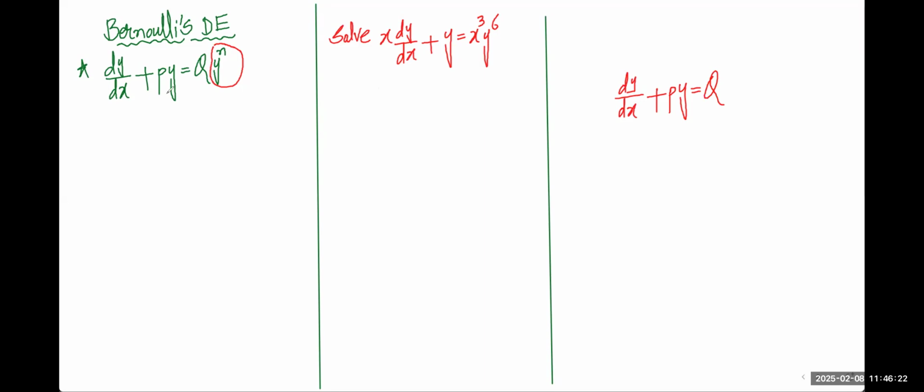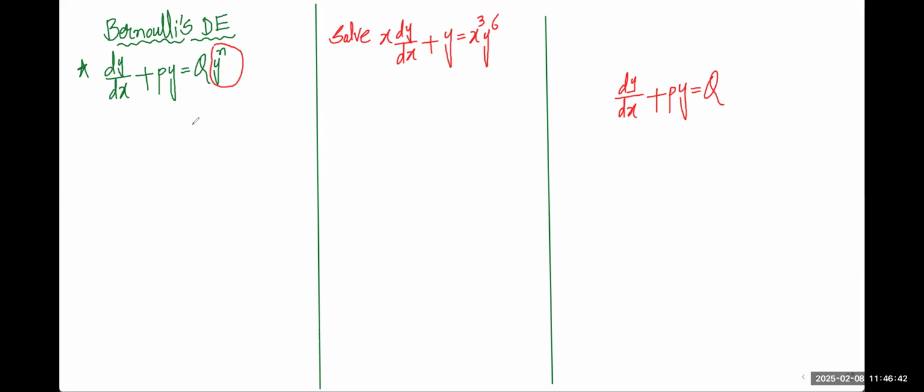This is the standard form of Bernoulli. What type of difference you have noticed here? Y to the power of n is extra.